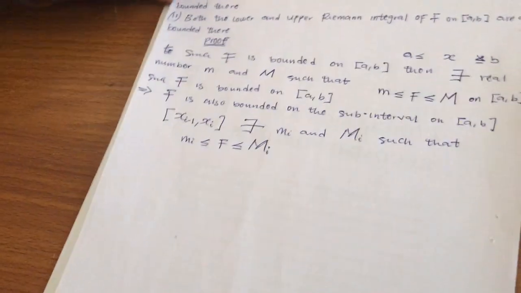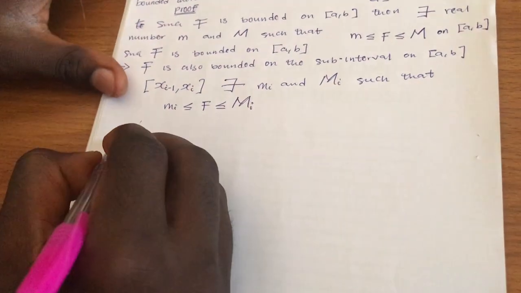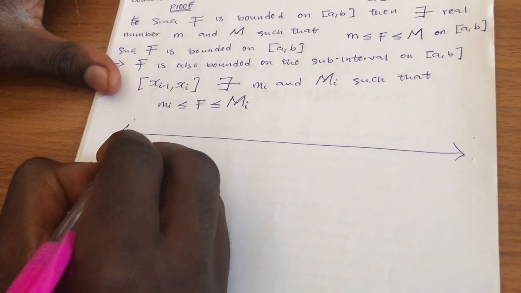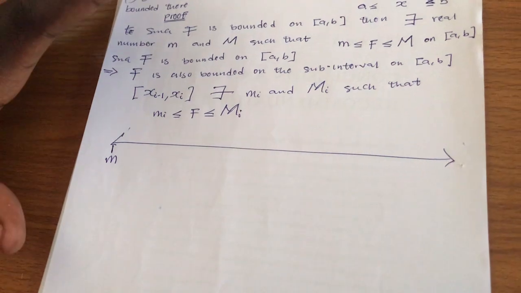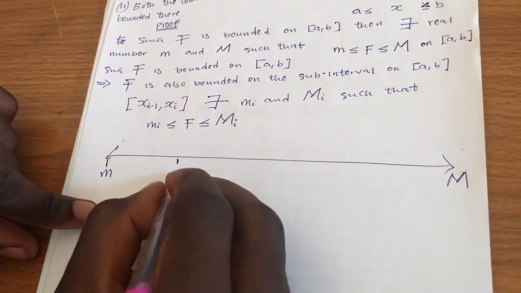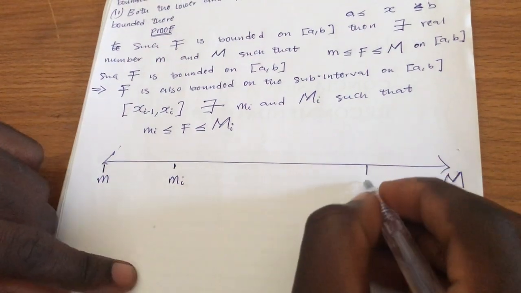Now, let's have this number line. This is our m, for which f is bounded. You now have m_i, that is the sub-interval.